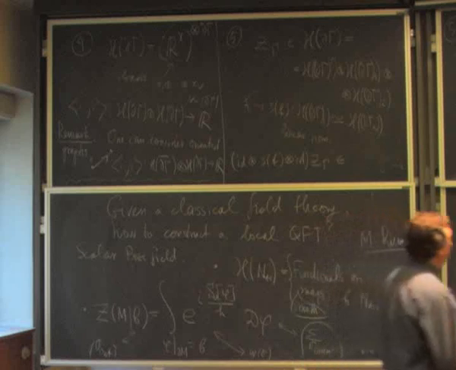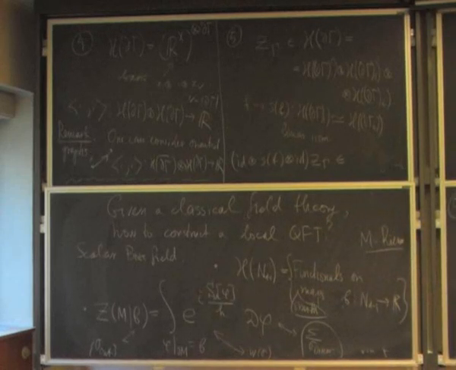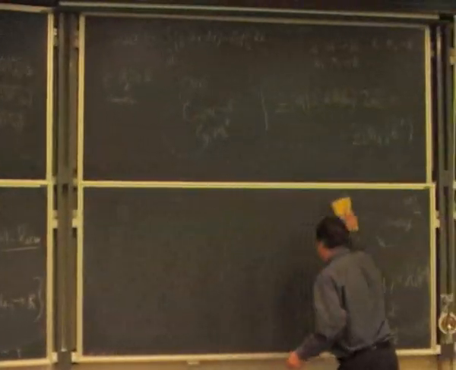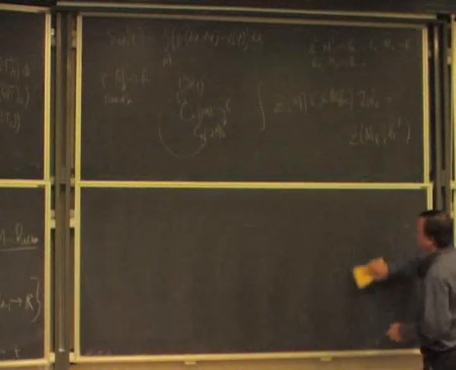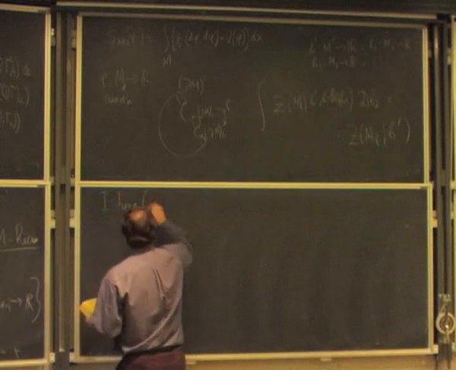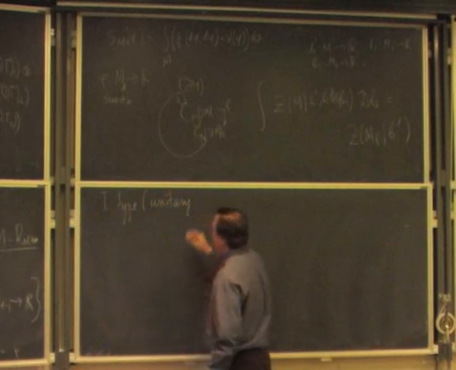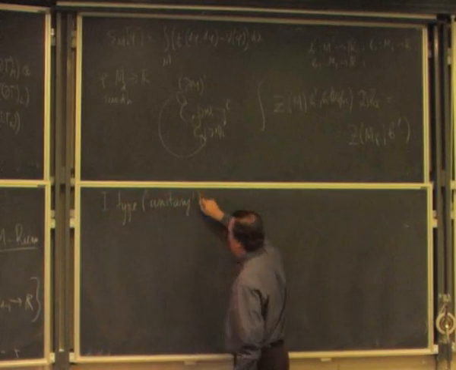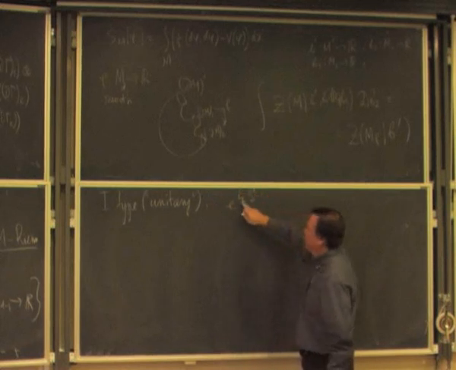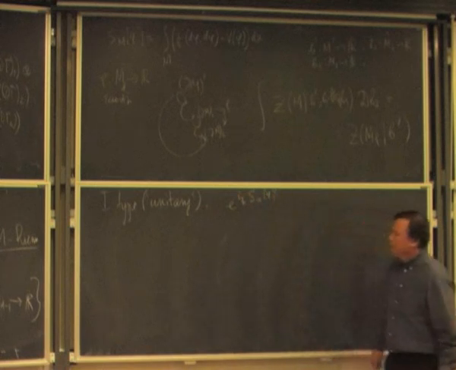So, and I should say at this point that there are two types of quantum field theories. Let's call one unitary quantum field theory. This is when you take e to the i over h-bar times the action functional.